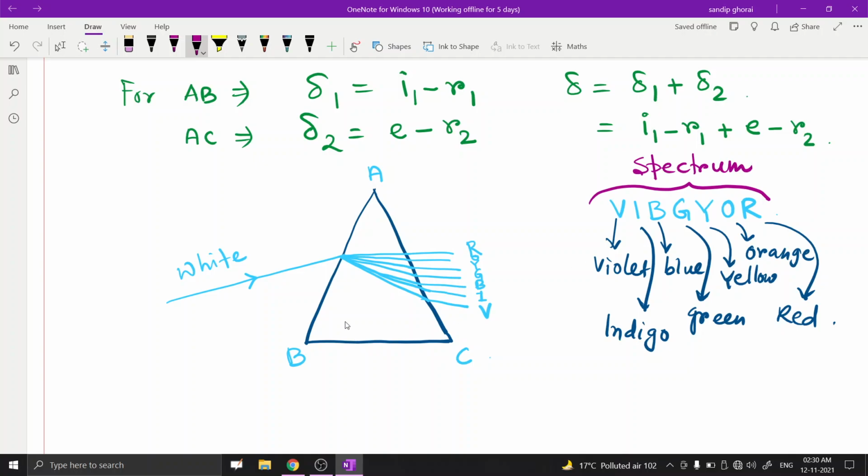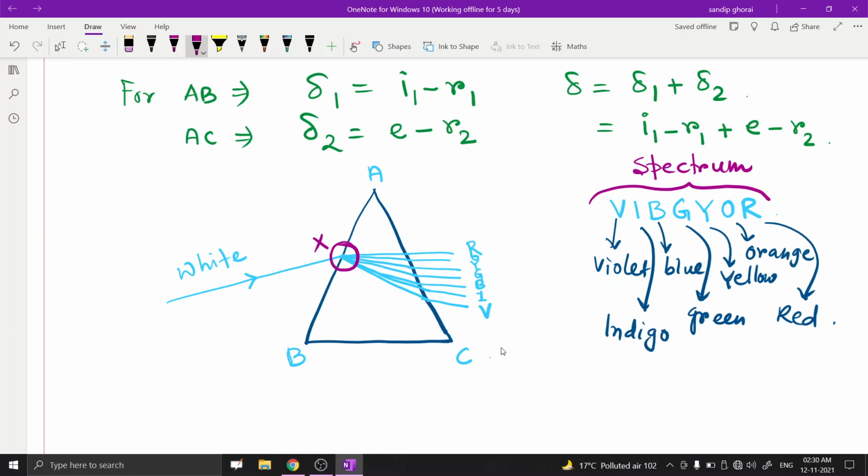Here there are two refractions. One is at point X, when white light enters from rarer to denser medium, or air to glass medium. After that the 7 different colors are refracted at the second surface, that is AC. So this is the dispersion. Now the question is why does dispersion occur?